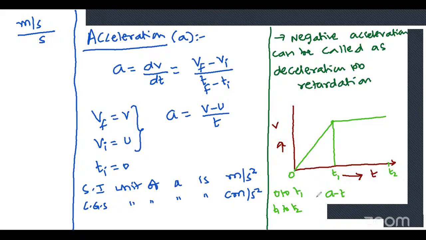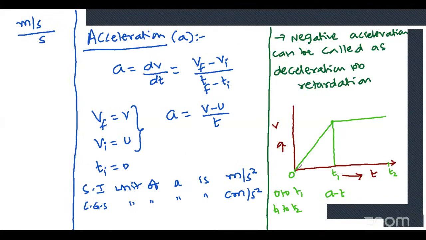One complete document on motion in a straight line. From 0 to t1, you can see particle is moving in a straight line. So in this path, I can say that velocity is directly proportional to time. From 0 to t1, velocity equals some constant into t.